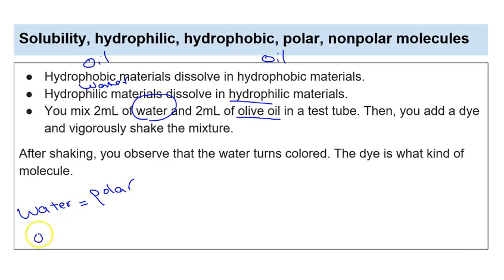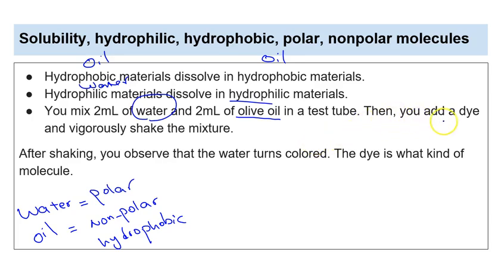The olive oil, or any vegetable oil or any oil, these are the non-polar molecules, which are also considered hydrophobic molecules, or the molecules that hate water and are not going to be dissolved in water.